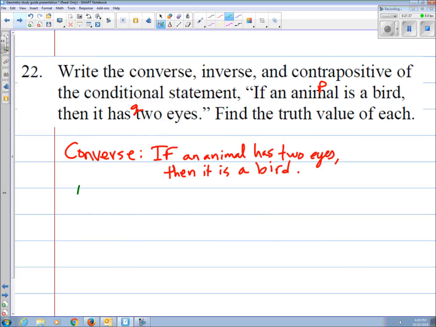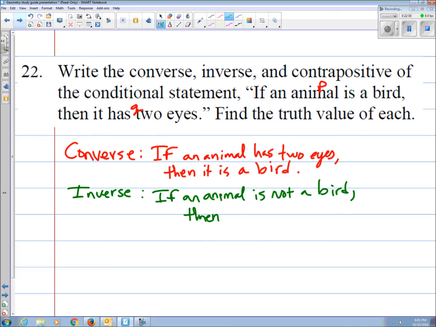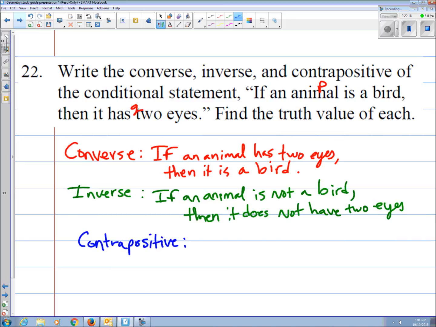The inverse statement just negates the hypothesis and the conclusion, but it leaves them in the same order. So it should say, if an animal is not a bird, then it does not have two eyes. And finally, the contrapositive is to flip the hypothesis and the conclusion and negate them both.